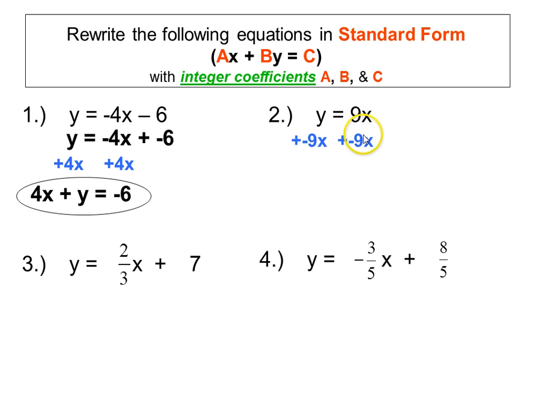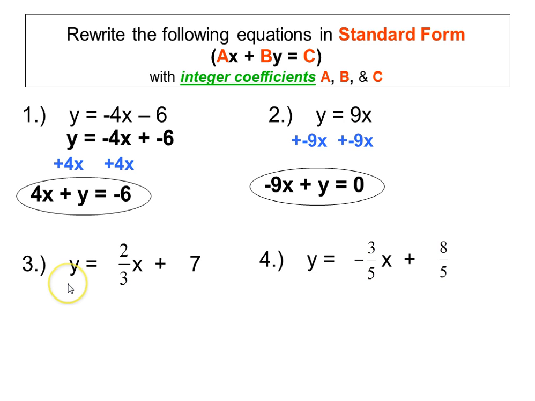So what I do to one side, I do to the other side, and as a result of that, I get negative 9x plus y, this is a positive y, equals, and when I subtract the 9x from the right-hand side, I have 0. Now this equation is in standard form. Negative 9 is the coefficient of x, 1 is the coefficient of y, because there's nothing there, and 0 is the constant number on the right-hand side. That's our value of c. This equation is now in standard form.